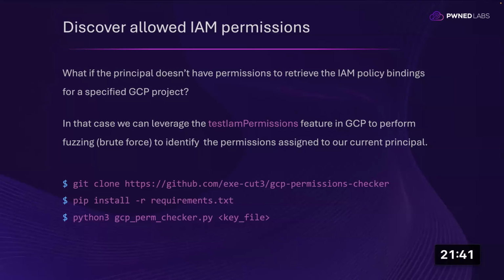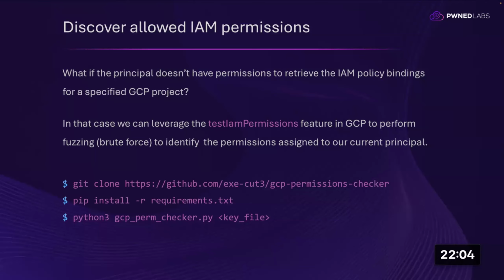We can leverage the same sort of technique in GCP using the test IAM permissions API endpoint or feature in GCP. Effectively, we can buzz this endpoint for various permissions and try to identify what we have access to.